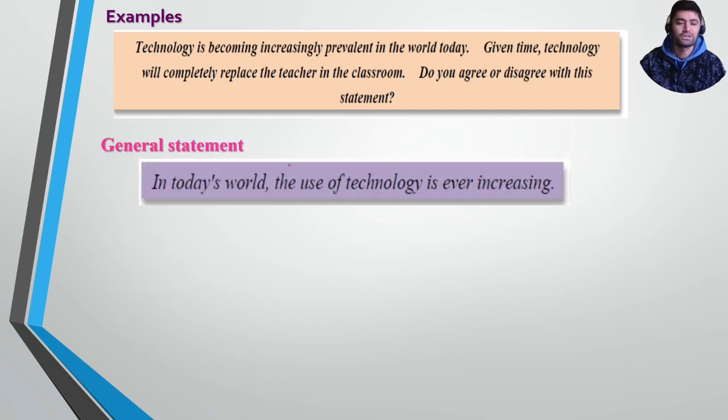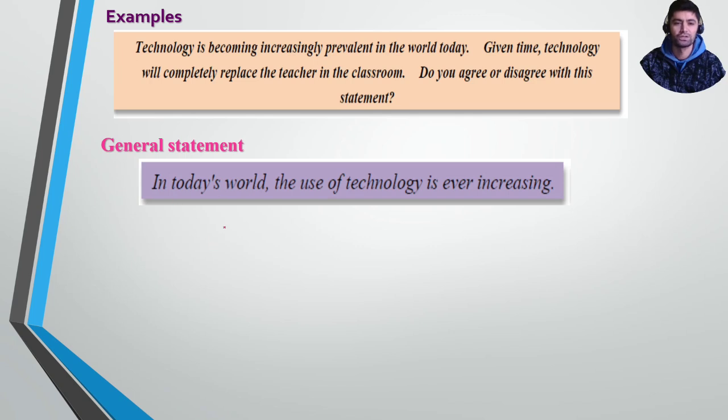So, as we've seen earlier, first we'll start with a general statement in the introduction part. For the general statement, it's better to paraphrase the information given in the question. So as you can see here in our general statement, we try to paraphrase the topic, the information given in the question.